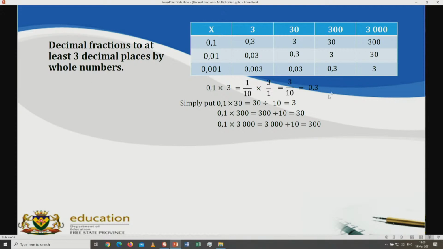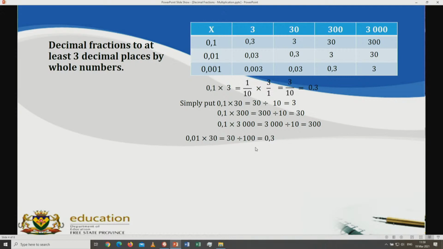Yeah? Because we are multiplying by the tenths. That's why we'll be having this 300. Right. Now, when we go to hundredths, we take the same number and divide it by 100. Yeah? It gives us 0,3.